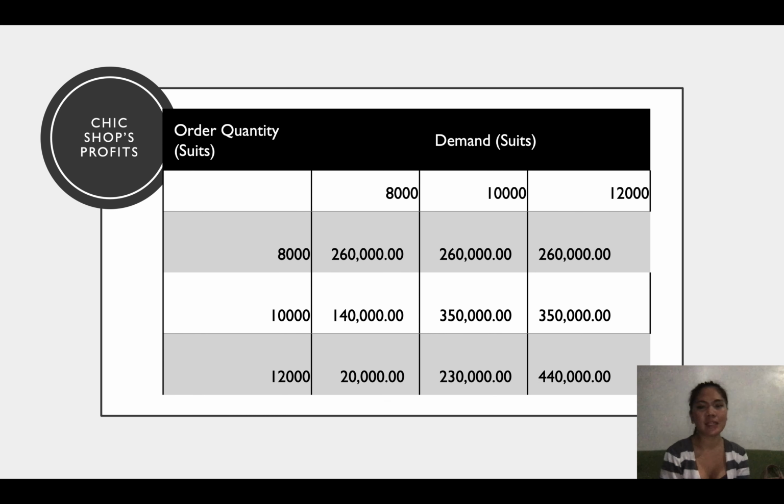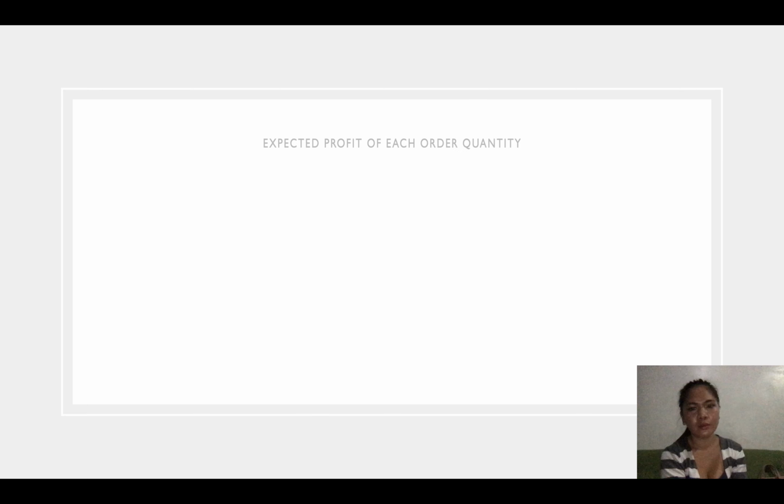This table presents the profit data for each order quantity and demand combination. Using these profit data and the probabilities forecast, the shop can compute the expected profit of each order quantity.